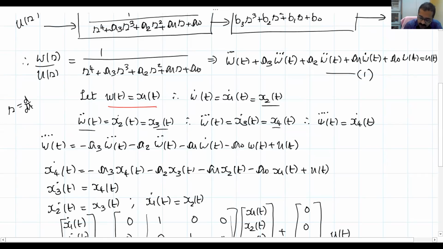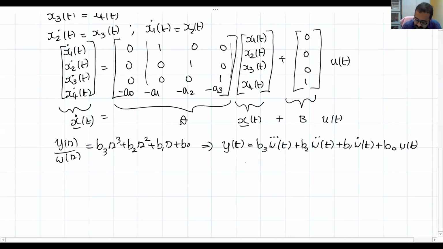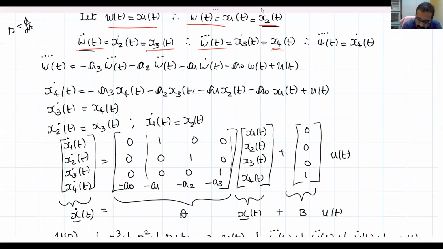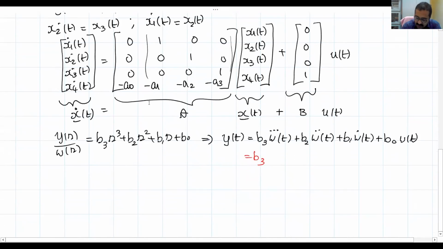W of t is x1, w dot is x2, w double dot is x3, and w triple dot is x4. So straight away we can write B3 x4 of t plus B2 x3 of t plus B1 x2 of t plus B0 x1 of t. So what will be my Y matrix?